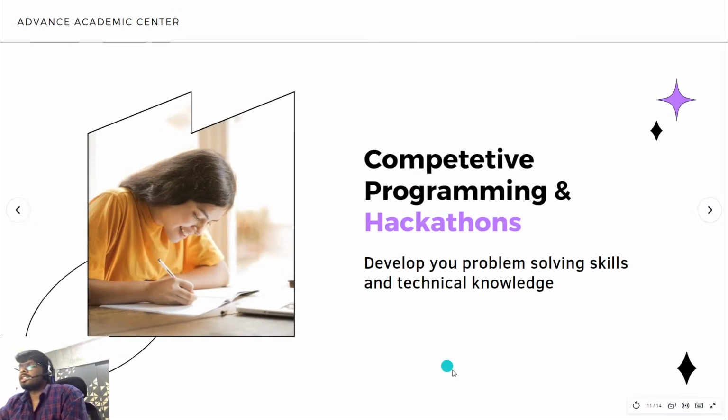Now we'll get into the next slide: competitive programming and hackathons. Why am I talking about this in this session? Coding is not only about writing something in the syntax of Java or Python.